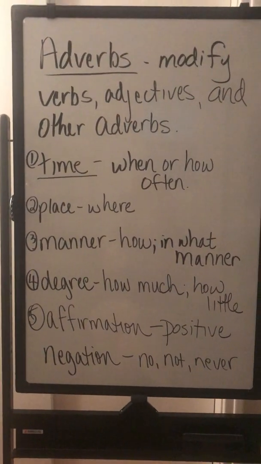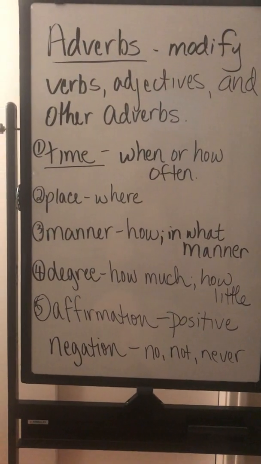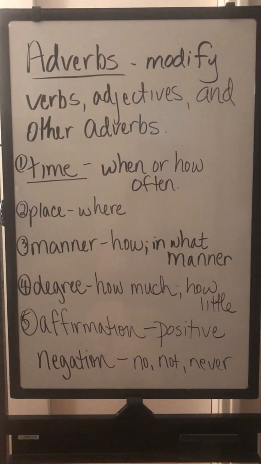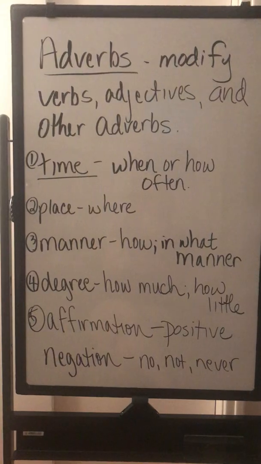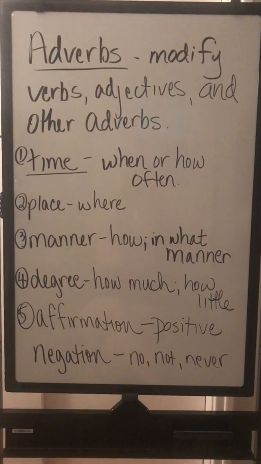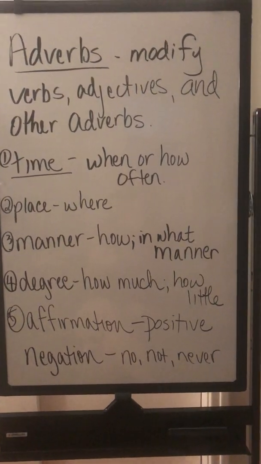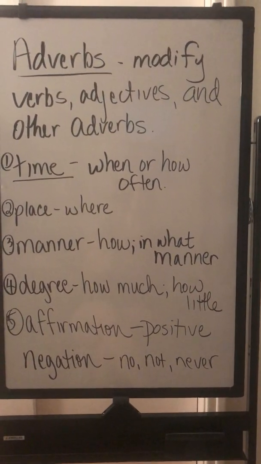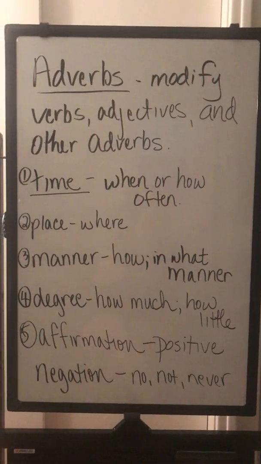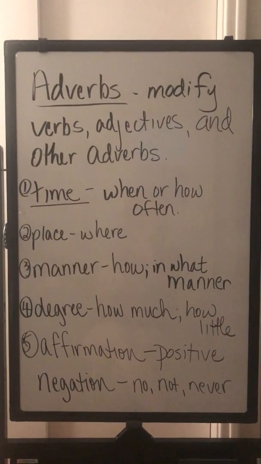So if you use an adverb like very, which tells you degree, how much or how little, then you could say, the puppy was very little. So not just little, but how little are we talking? Are we talking extremely little, moderately little? That's what adverbs do for adjectives.